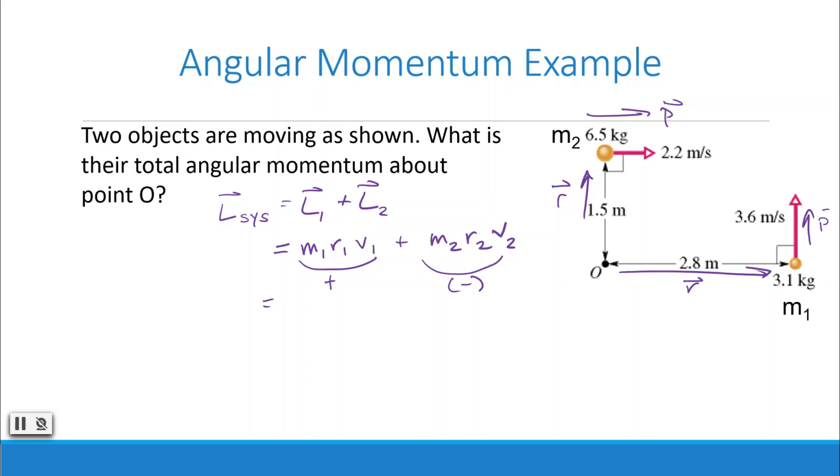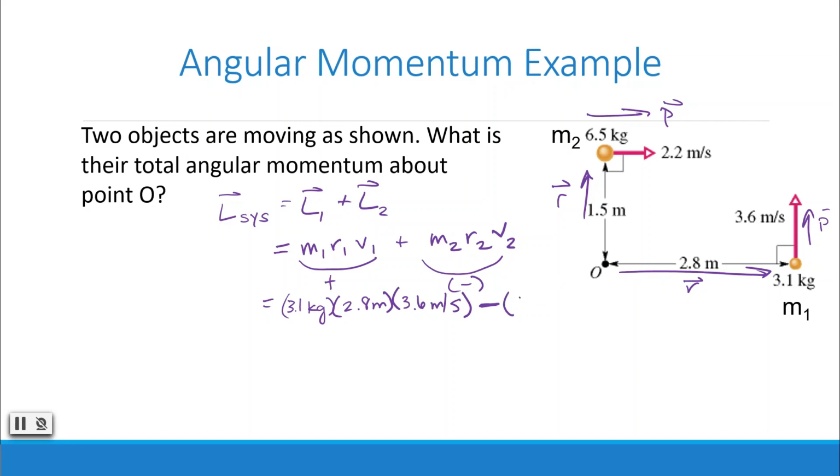So I'm going to do m1 is 3.1 kilograms, r1 is 2.8 meters, v1 is 3.6 meters per second. And then I'm going to subtract the m2, r2, v2.